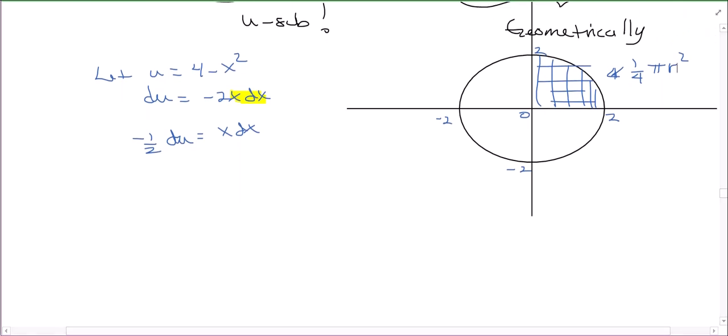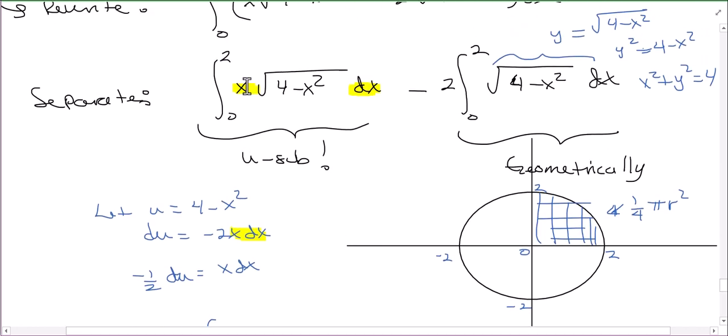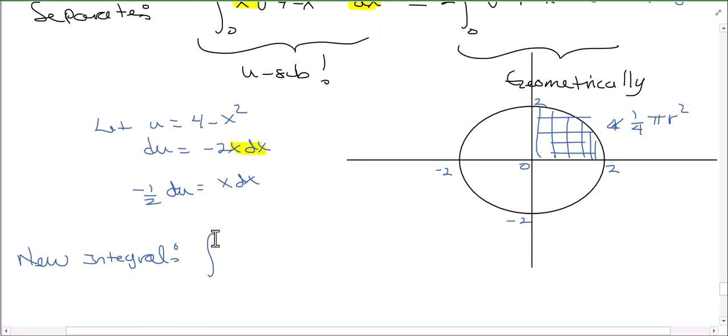So let's continue with the problem. For the first one, my new integral with this substitution is: x dx is negative 1/2 du. So let's write the negative 1/2 outside, and then this is the square root of u du. If you want to change the limits of integration, this will be a good time.